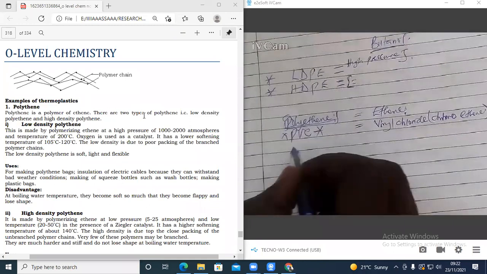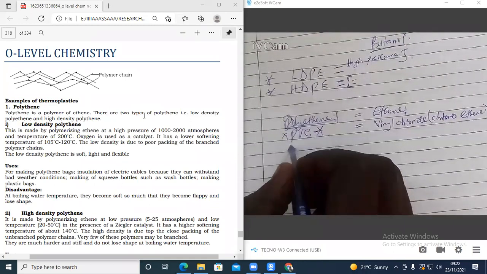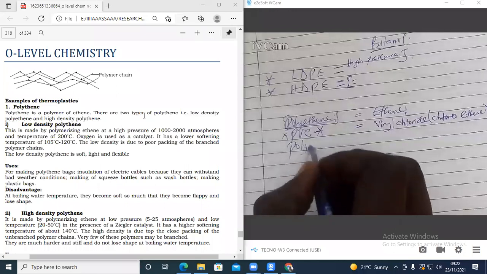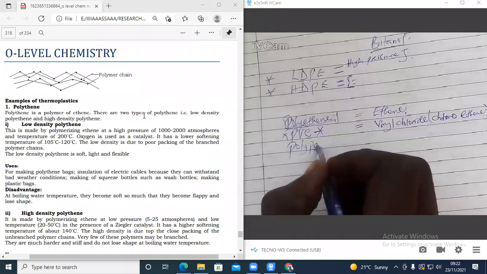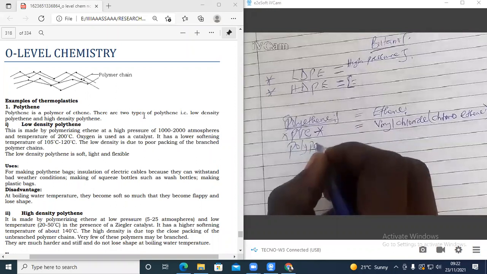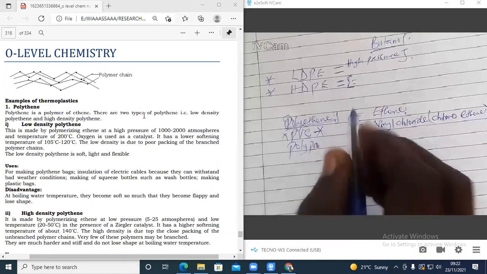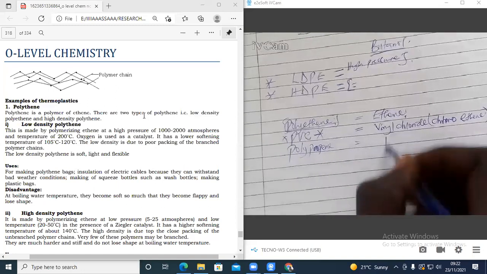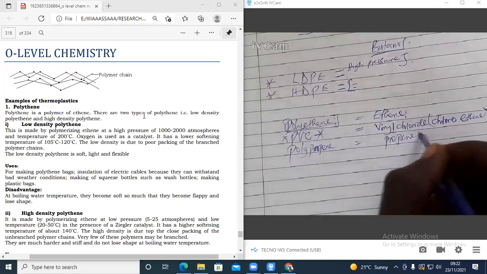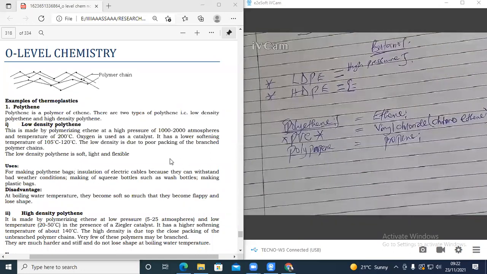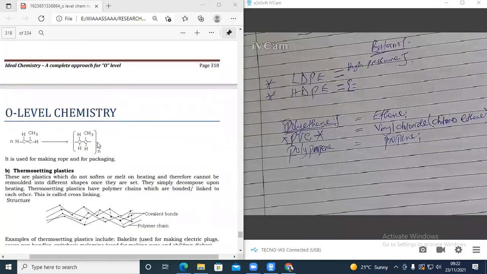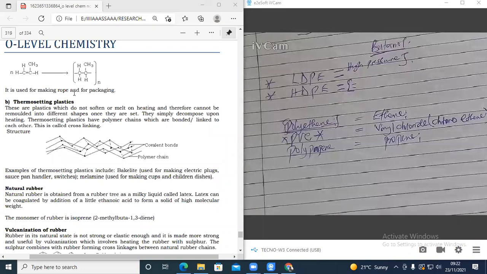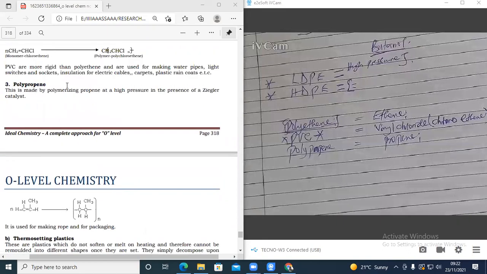We also have polypropene, and the monomer is propene. So you should know that for polypropene, the monomer is propene, and they also use the Ziegler catalyst.